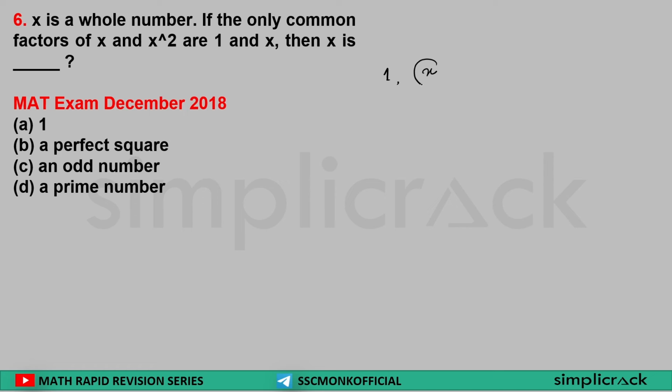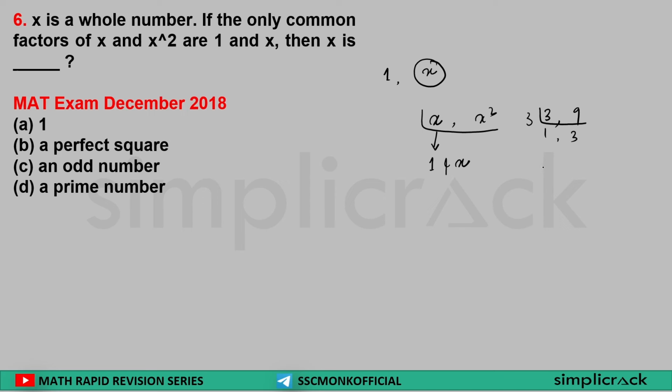When I talk about x and x square, their common factors are what? 1 and x. Then x is what? Sir, let's say x is equal to 3. So 3 square is 9. Yes or no? Yes. So what will be the common factors? 3 1s are 3, 3 3s are 9. So common factors can be 1 and 3.